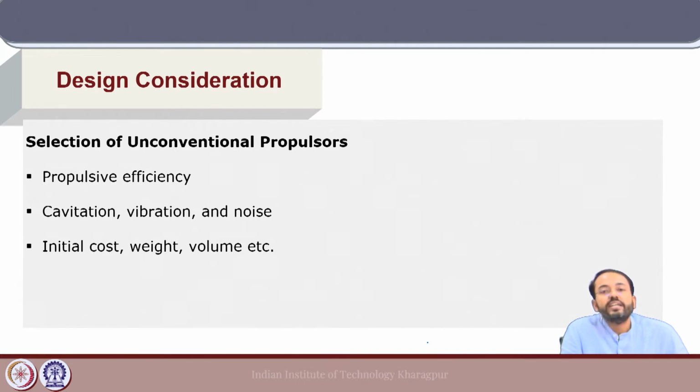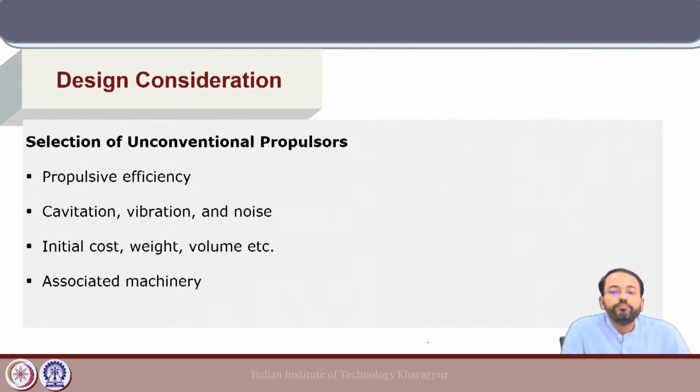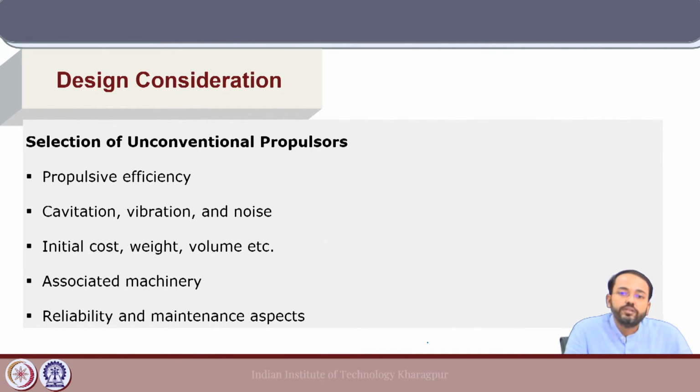Initial cost, weight and volume. These unconventional propulsors have different geometrical configurations, and because of that the cost, weight and volume vary widely between different choices of propulsors, and these factors need to be considered for the application of unconventional propulsors. And the machinery which is associated with these propulsors also needs to be understood.